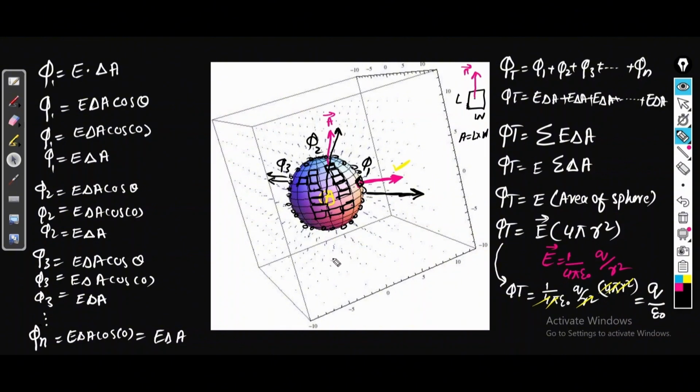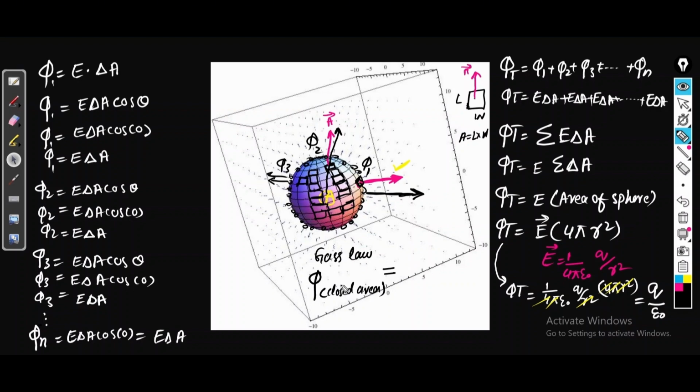The Gauss law states that the total flux through this closed surface around this positive charge is equal to the charge enclosed inside this surface. In this case, there is only one positive charge.